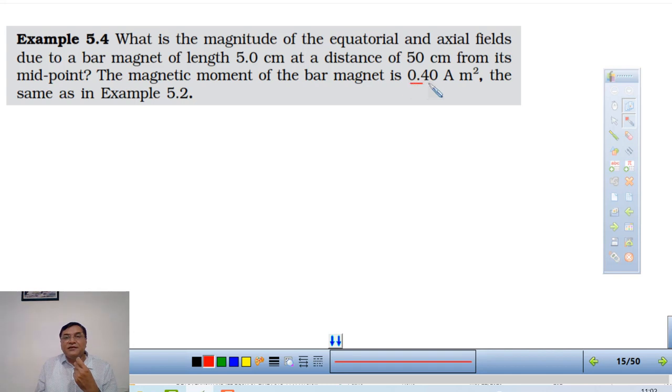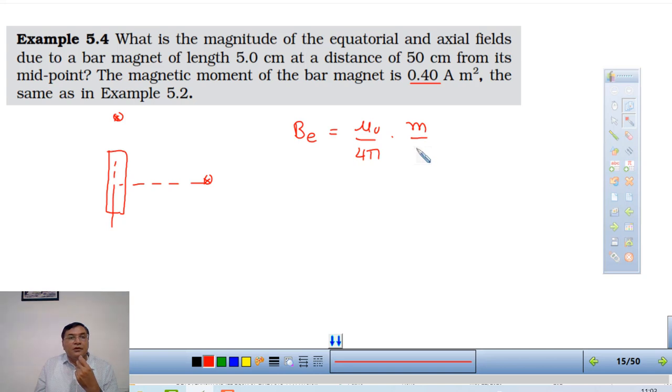So this is our magnet, and we are finding the magnetic field on the equatorial line and on the axis. The magnetic field on the equatorial line is equal to mu0 upon 4 pi, m upon r cube.